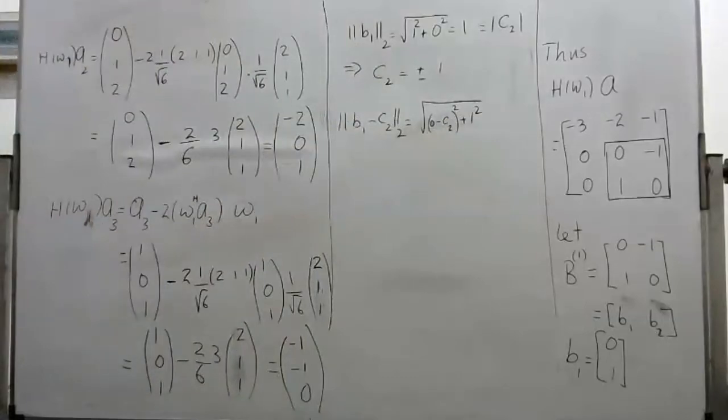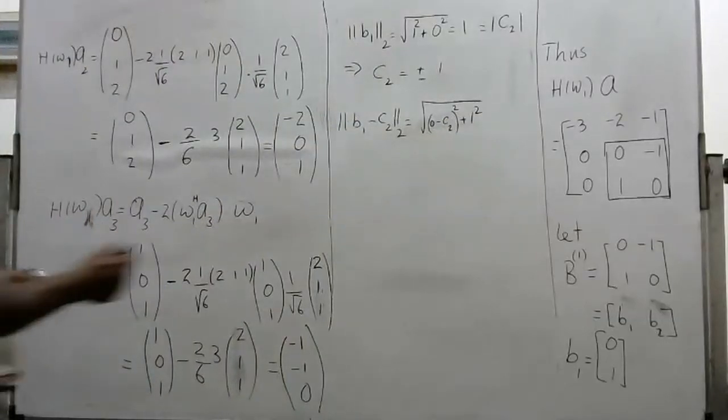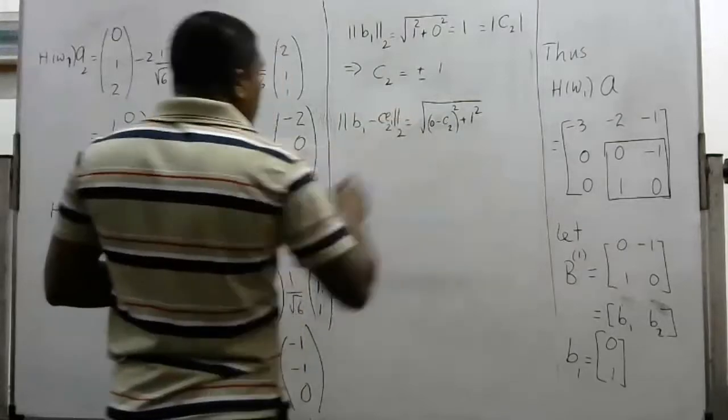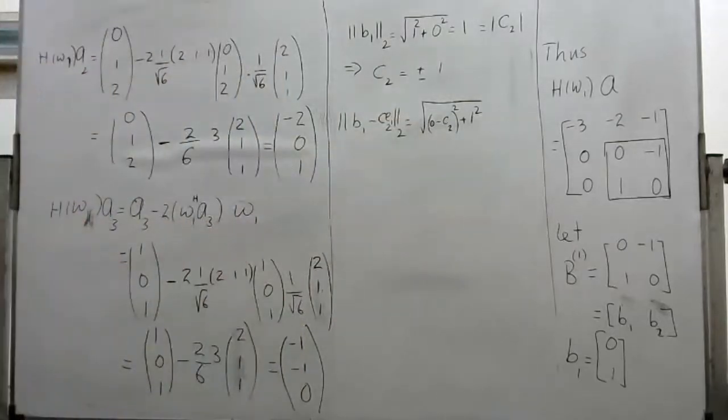So B1 is 0, 1. So B1 minus C2 E1 here, that is a column vector with 2 components. So that's 0 minus C2 E1 squared plus 1 squared.